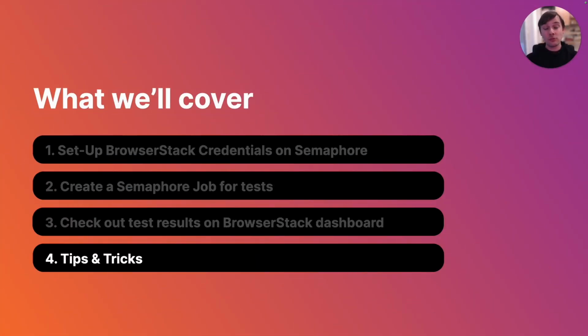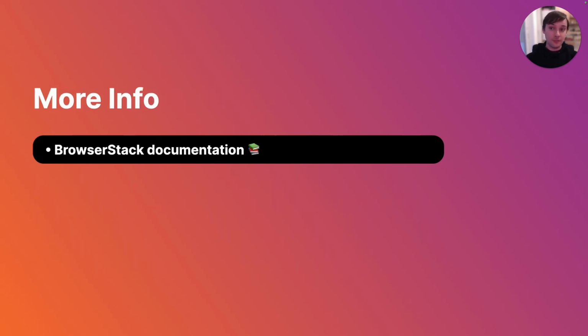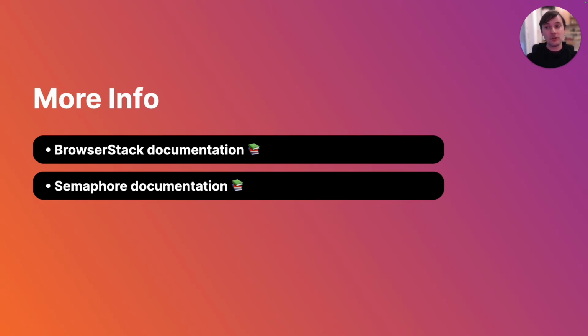Now we've shown how to name your test suite so that you can find them easily in BrowserStack, and we've also shown how to parallelize them. So if you need more info, make sure you check out the official BrowserStack documentation for Semaphore integration. You can view the link for that down below. You can also check out Semaphore's documentation if you want to improve any of your workflows.